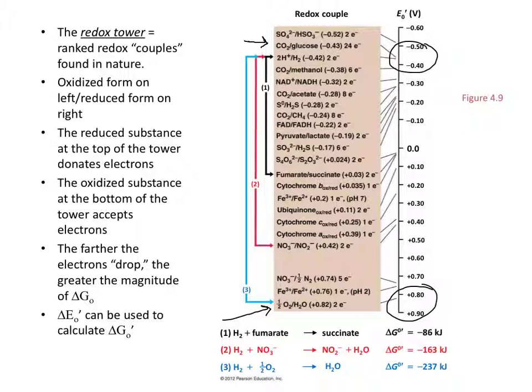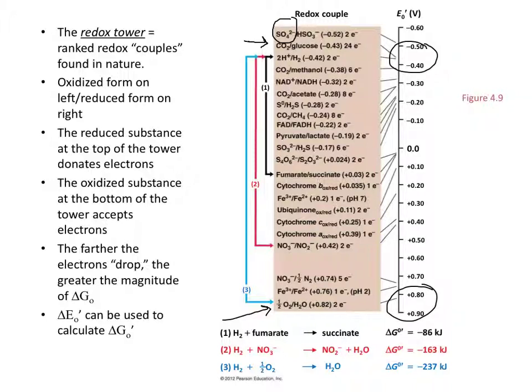It's important to remember this. In nature, something can only act as an electron donor if it is giving up electrons to an acceptor that is part of a couple that is lower in the redox tower, in other words, that has a more positive redox potential. So glucose could never give electrons up to sulfate. It can't push electrons uphill, so to speak.